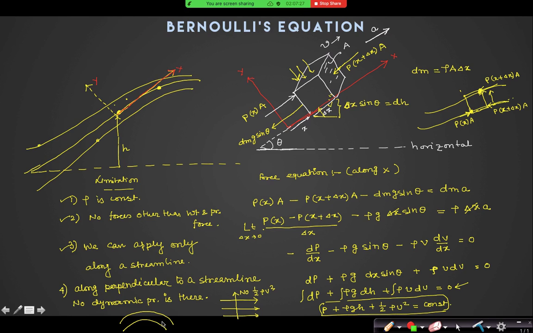That curved part is not in our syllabus, but you can understand that there will be a dynamic pressure difference also along the perpendicular to the streamline, due to that centripetal acceleration. Right, centripetal acceleration will be there, as no acceleration is there in the straight case. Okay.